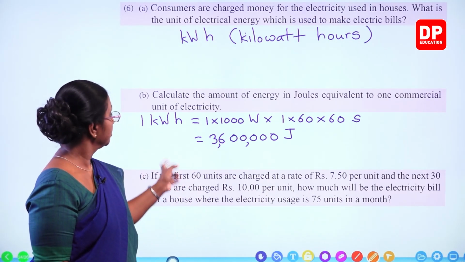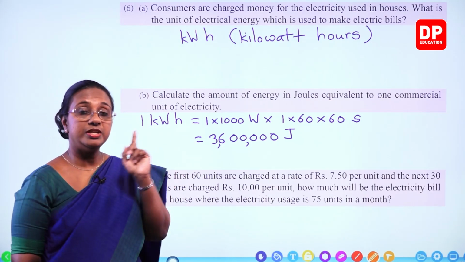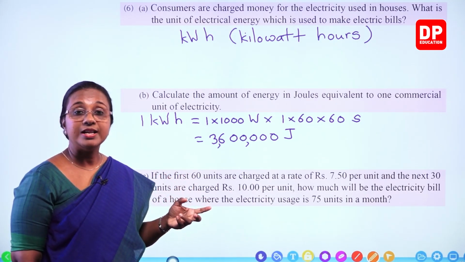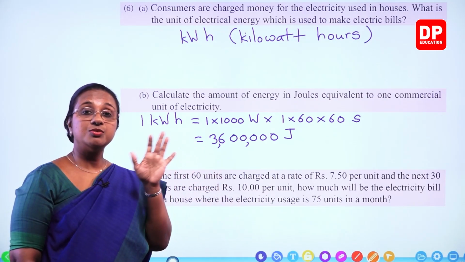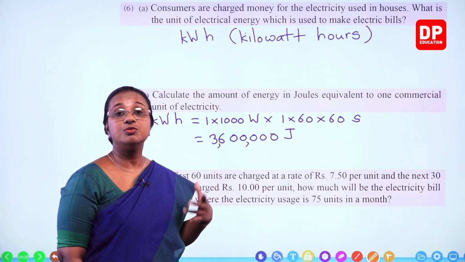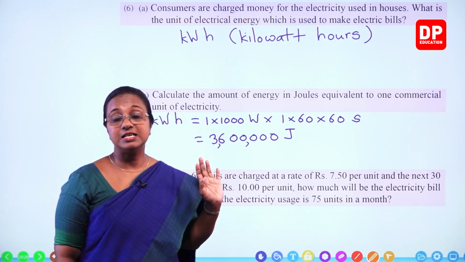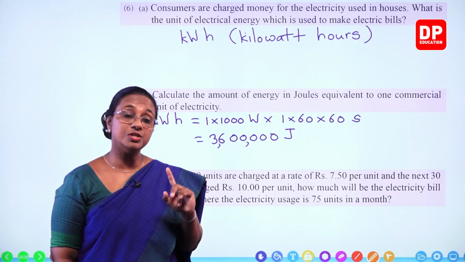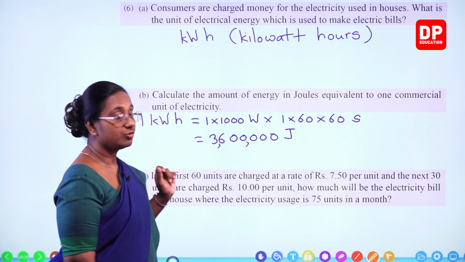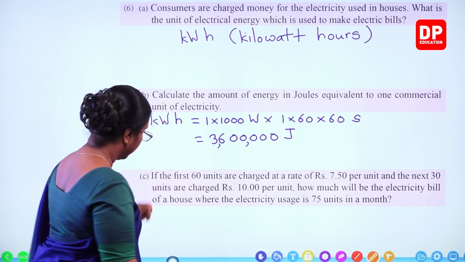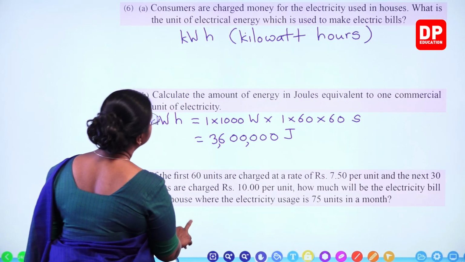So this is 1 kilowatt used in 1 hour. We need to find the energy, the number of watts used, into seconds. So that is the energy. You all can remember that in joules, that is how we calculate. So 3,600,000 joules. The next question.